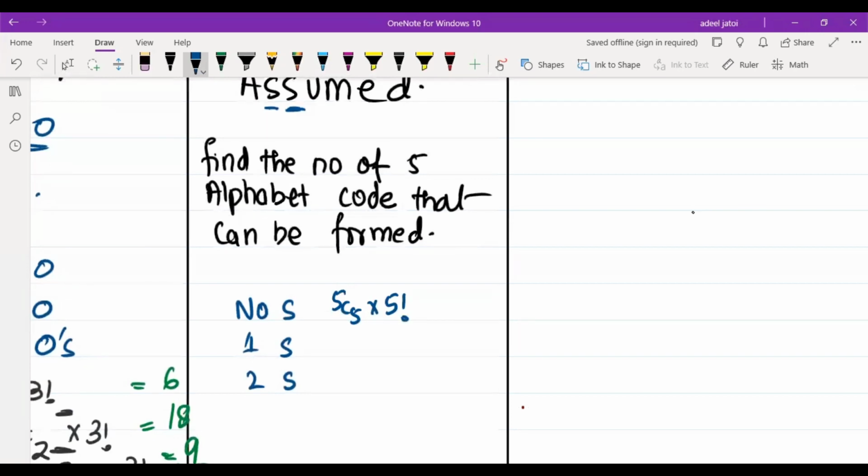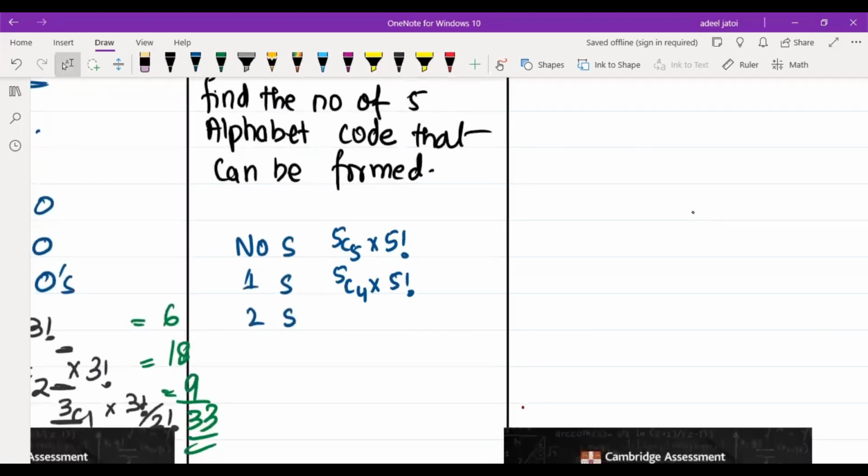If there is one S, then 5C4 into 5 factorial. If there are two S, then 5C3 into 5 factorial upon 2 factorial will be used. So that means this should be 120, 600 and 600, which is 1320.